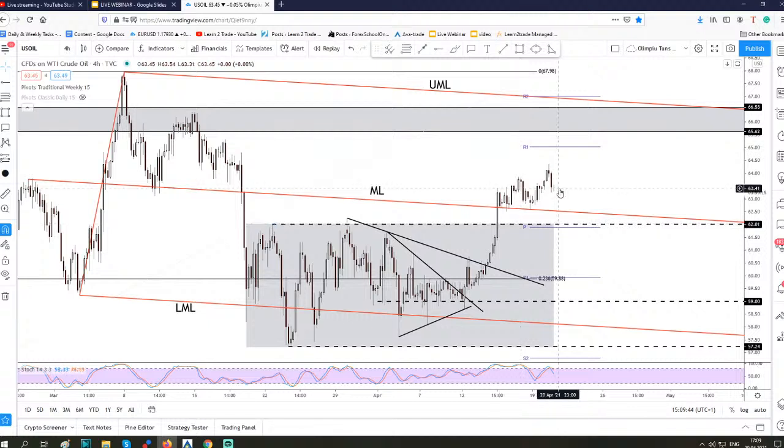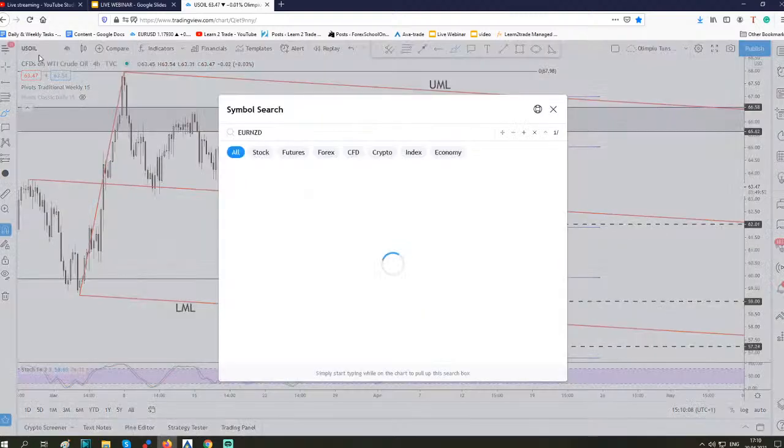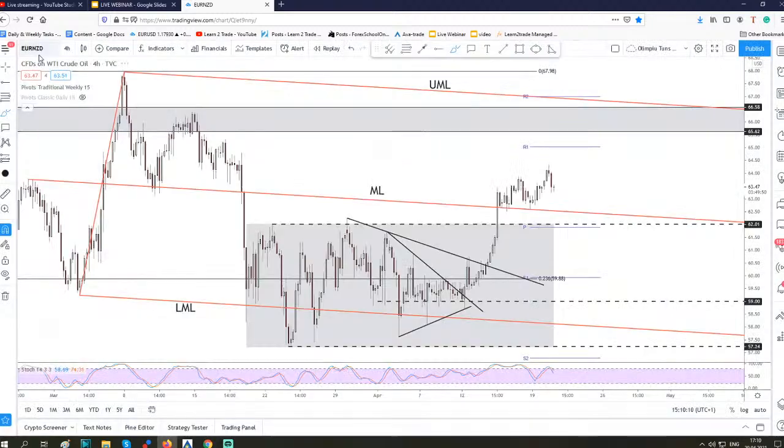So this decline could be only a temporary one before the price jumps higher again. And personally, I believe that if the US dollar will decline further after the temporary rebound, then the US oil could increase here.